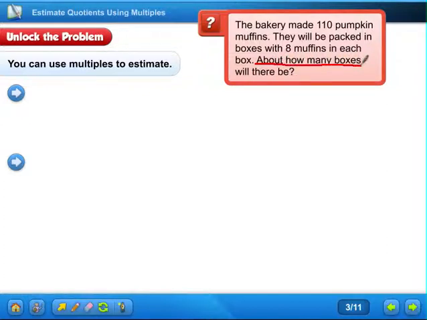About how many boxes will there be? Well, we know how many total muffins there are, right? There's 110 pumpkin muffins, and there's 8 muffins in each box. There we go. All right, so you can use multiples to estimate. Remember, they're just saying about how many.